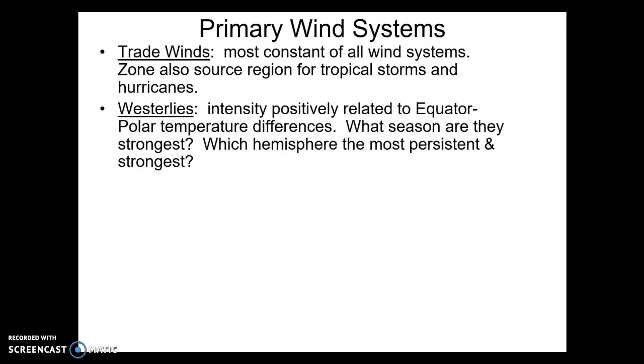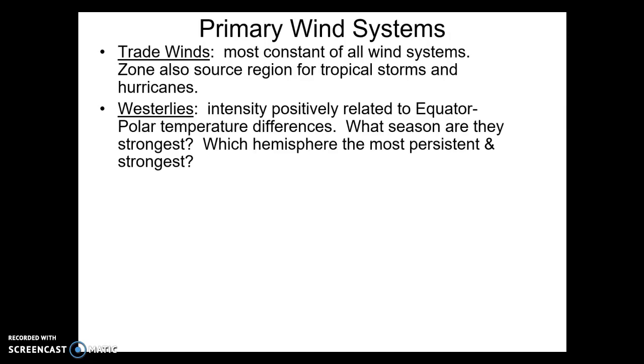The westerlies, here's an interesting one. Their intensity is positively related to equator-polar temperature differences. What do I mean by positively related? In other words, the westerlies are stronger when there's a big difference between the equator and the polar temperature. So when would the biggest difference happen?